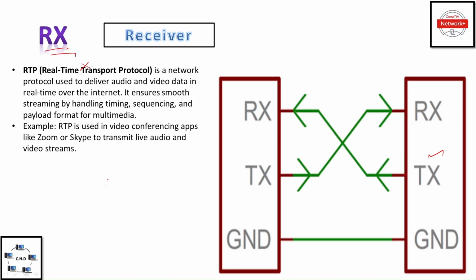Similarly, as we talked about the LC connector that has two strands, you can also say that one is RX that receives data and the second is TX that transmits data.